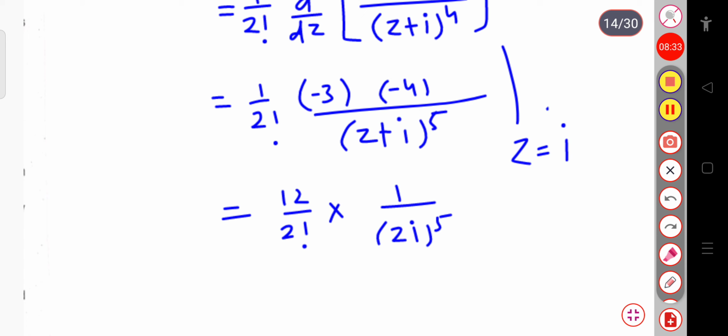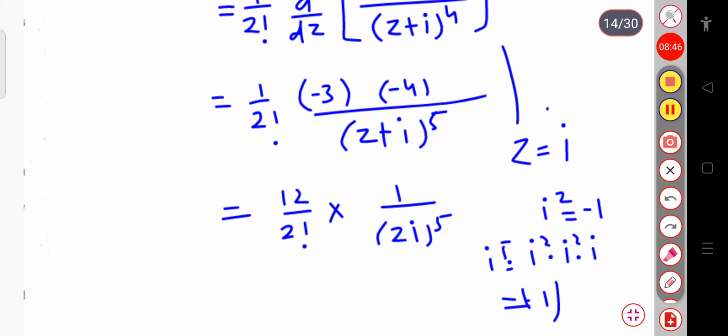Okay. And you know i square value is minus 1, so i square into i, that is your i power 5. i square is minus 1 and again minus i square is minus 1, so minus 1 into minus 1 plus 1 into i, so this will be simply i, and 2 power 5.